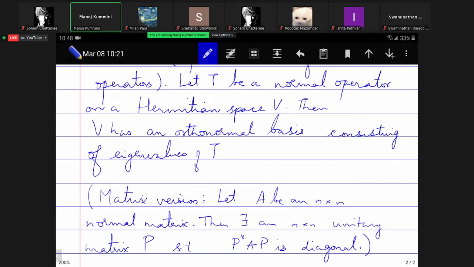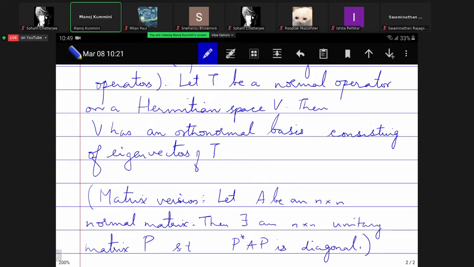In the operator version, we are saying that there's an orthonormal basis consisting of eigenvectors of T. With respect to that basis, because it's eigenvectors, T will be diagonal.